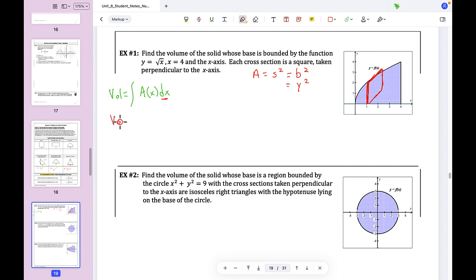So our volume is going to be the integral of y, which is the square root of x, squared dx. Now, what am I going to integrate from? Well, we're going from 0 to the line x equals 4, so from 0 to 4.